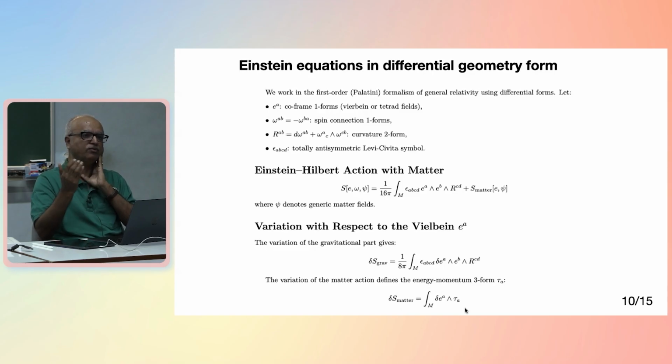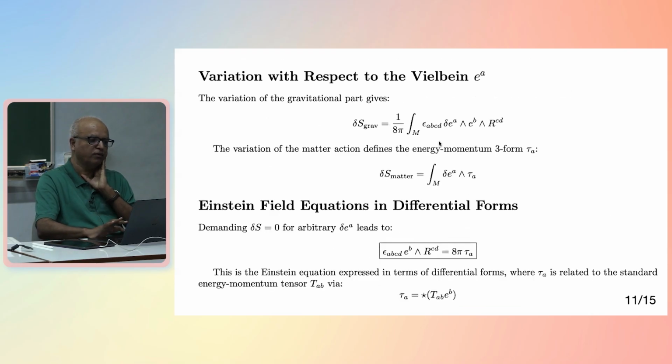You are given the current 1 form, you take its Hodge-star dual, you get a 3 form. So it's the same way, it's like the energy momentum. Okay, the variation of the gravitational part. Right, this we have already written, the variation of the matter action.